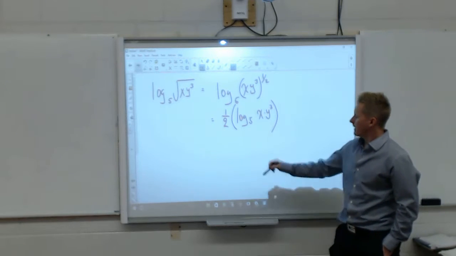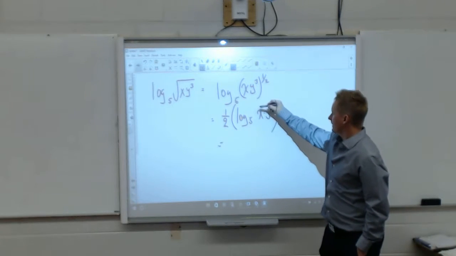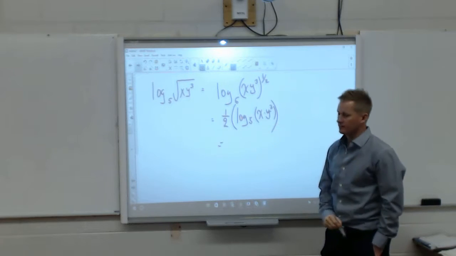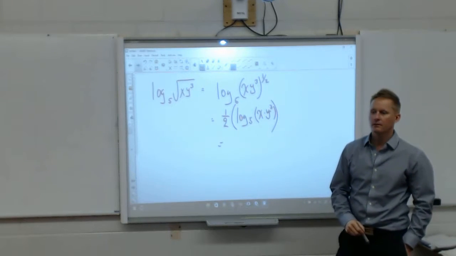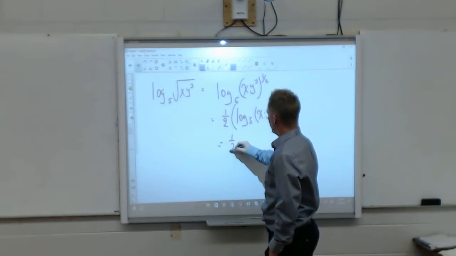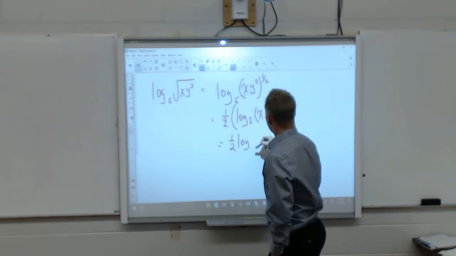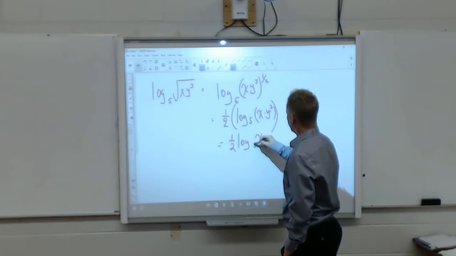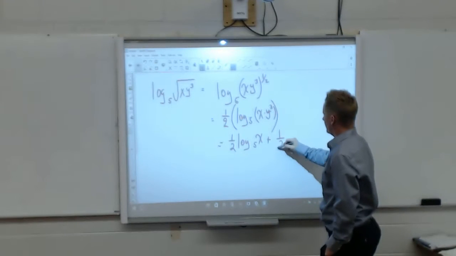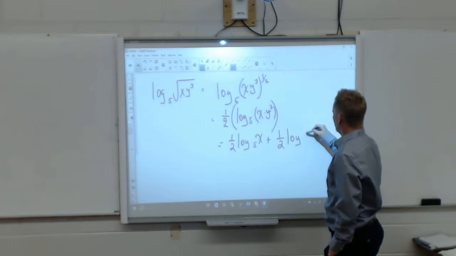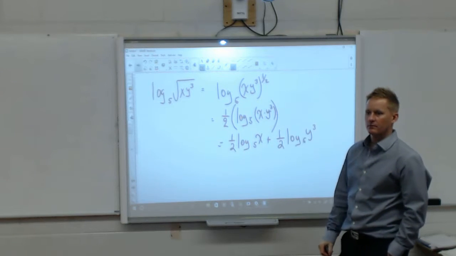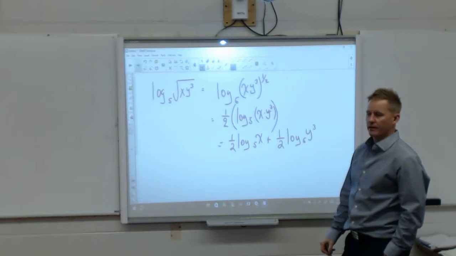Okay? So now, because I have a product in here, what am I going to do with it? Add them. So I've got this 1/2 log x to the base 5 plus 1/2 log y cubed to the base 5. We okay so far?